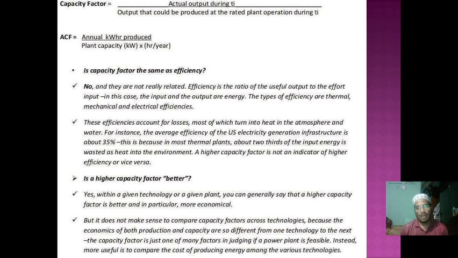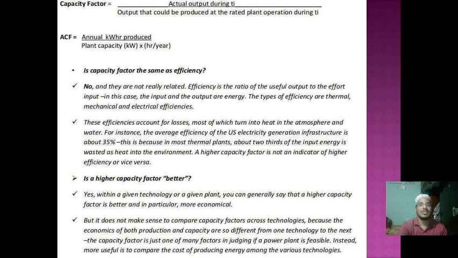In that, how much we are producing and how much work we are taking from these sources will go on decreasing over the period of years. Year by year it will decrease, and compared to the initial first year, after 5 years it will not be the same.